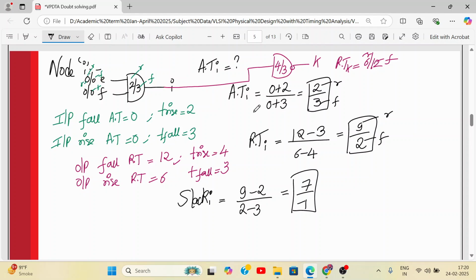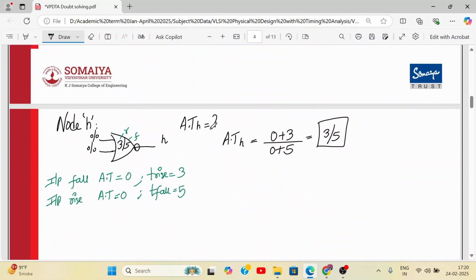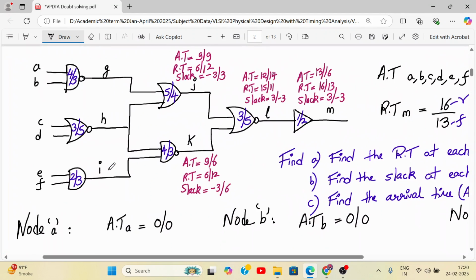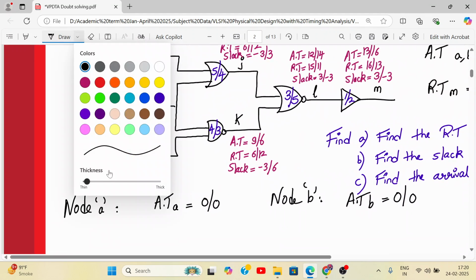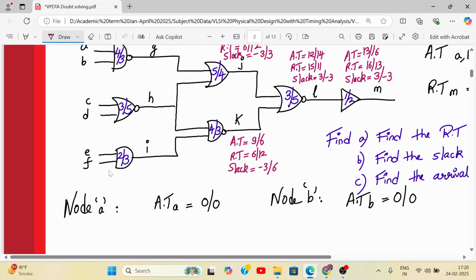So this is the arrival time, return time, and the slack for node I. Let us fill that information over here. So the arrival time at node I will be 2 by 3. Return time for node I is 9 by 2, and the slack is 7 by minus 1. It's not a division; again and again I'm repeating.